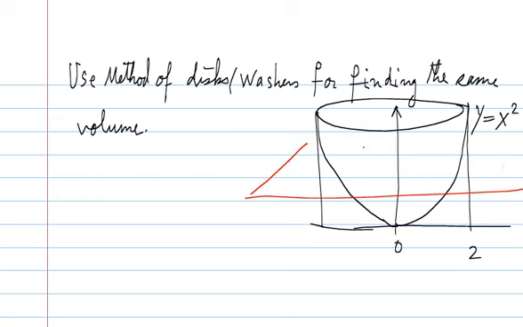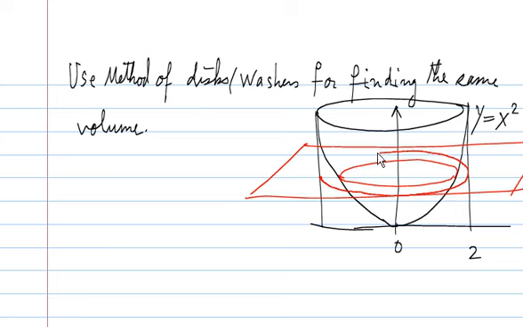So here imagine I am taking a plane and slicing this thing at that plane. What am I going to see? I'm going to see a washer, kind of like this. Let me color the inside of this washer. That's the shape we are going to see.